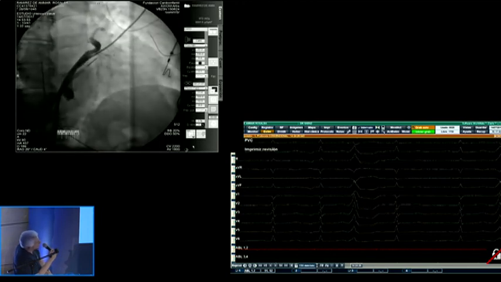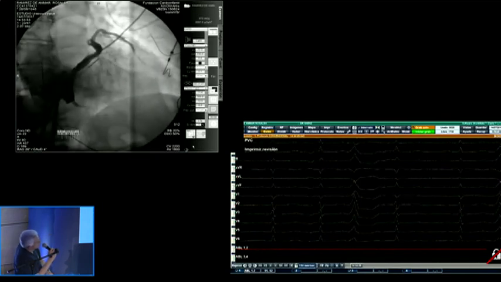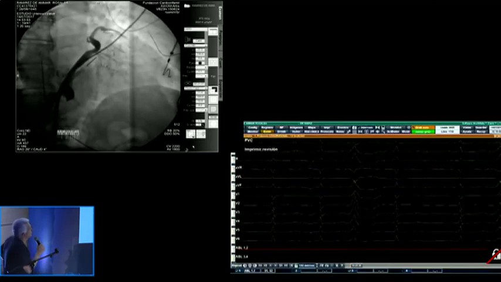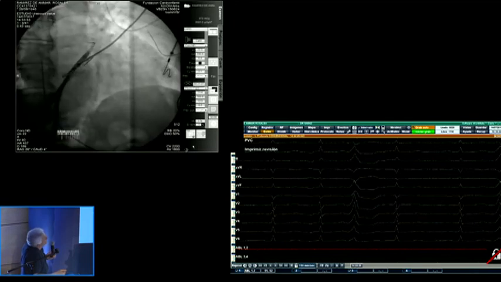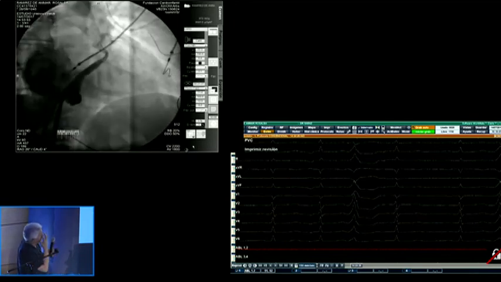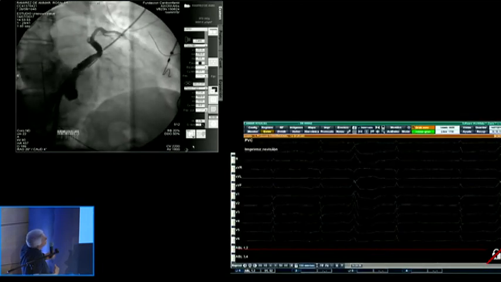You can see that it is an anterior interventricular vein and the major cardiac veins that are extremely tortuous. And so this makes it very difficult to advance any catheter. Even the Agilis or any other introducer will make it difficult.